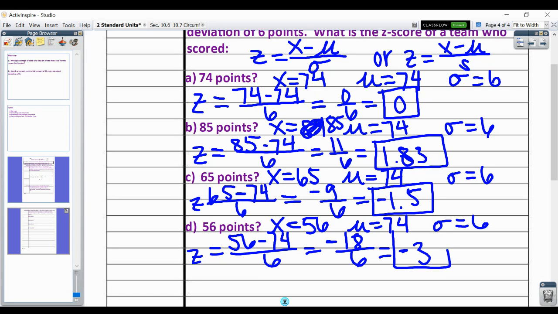So if we get 56 points in a game, then that means we scored 3 standard deviations below the mean.